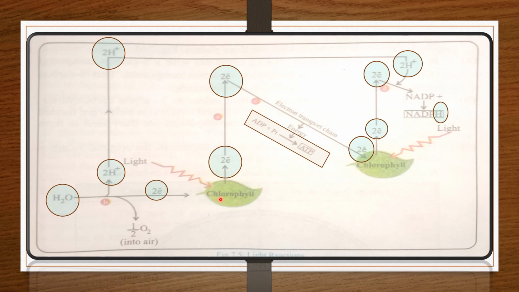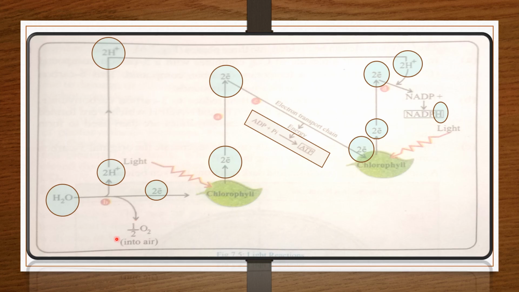When this light strikes the chlorophyll, one electron is removed. At the same time, by this light, the H2O molecule is split into two hydrogen atoms, electrons, and one oxygen.